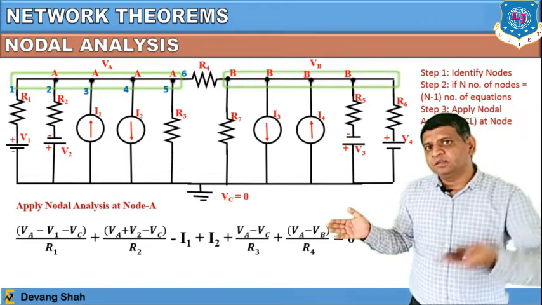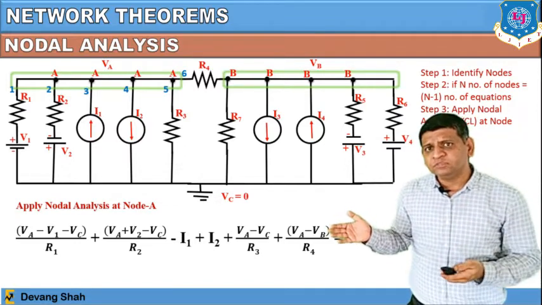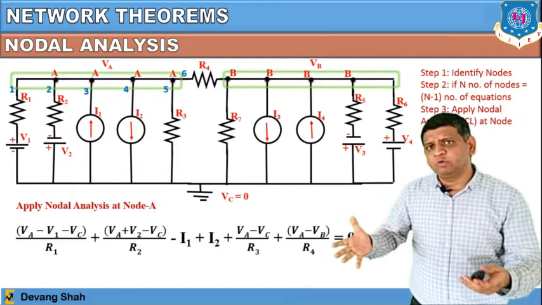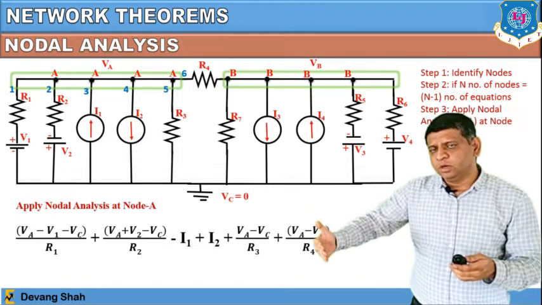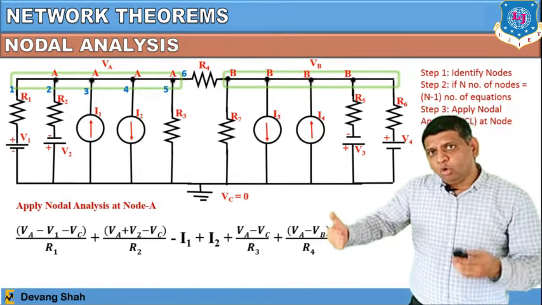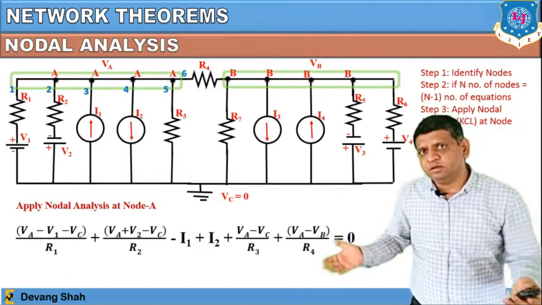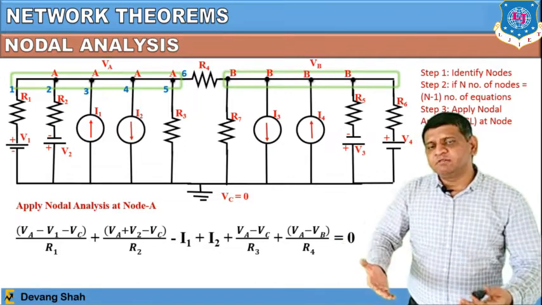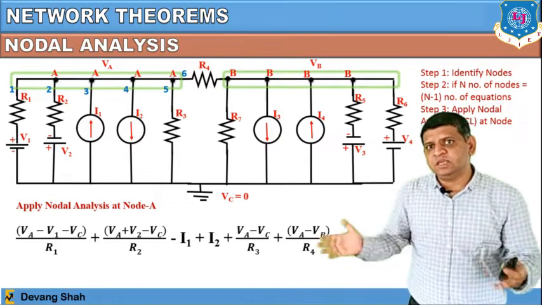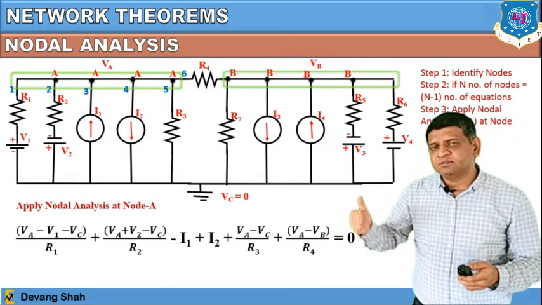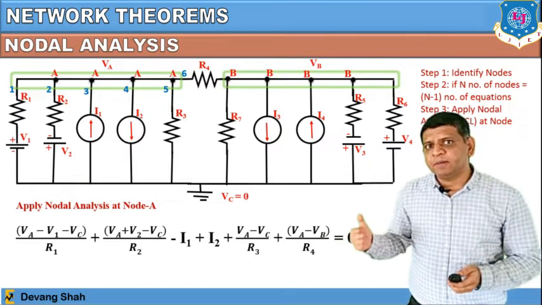Because it is the other end, you have to also take the difference of that particular voltage. So, all these terms are in the form of current terms, because ultimately here we are applying KCL, right. So, your first term from the first branch is VA minus V1 minus VC divided by resistance R1.